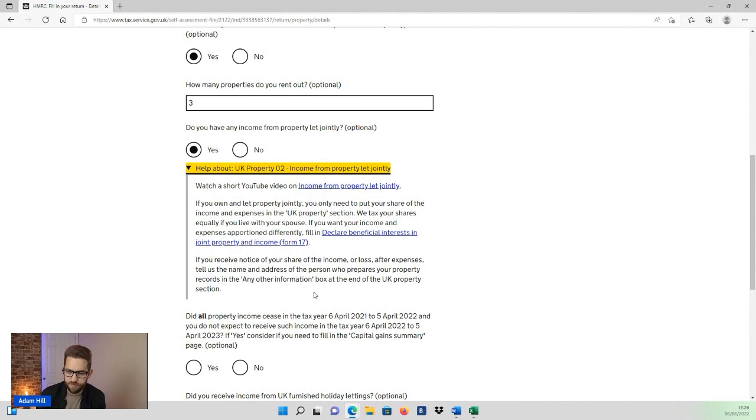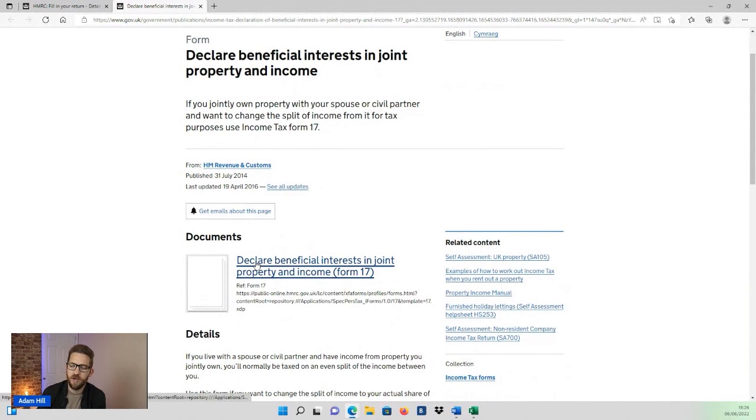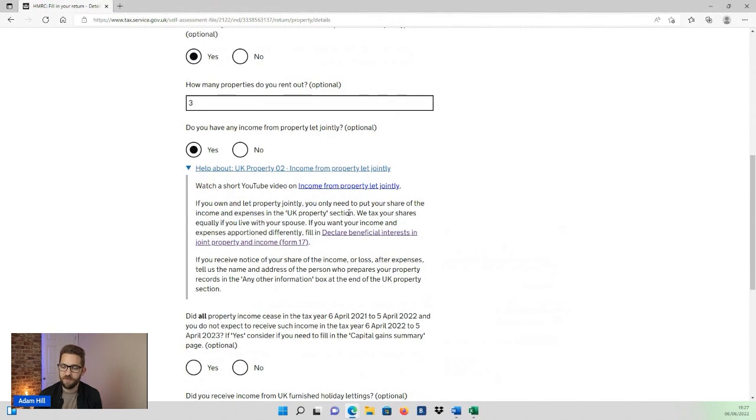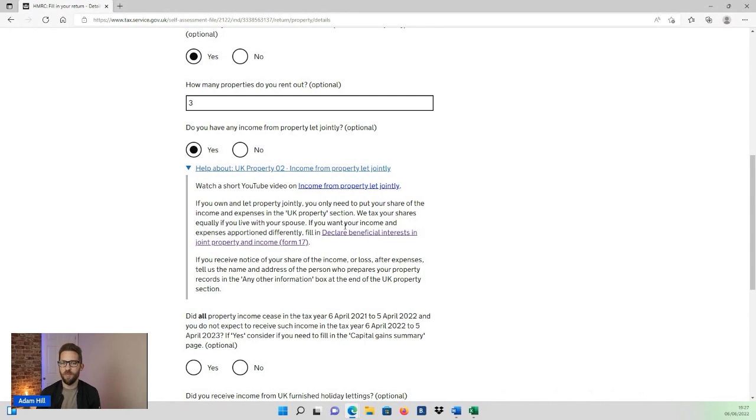There is an option to follow this hyperlink here, and you can find out a bit of information about declaring beneficial interest in joint property income. The short story is, if you do genuinely own a property with a different interest than 50%, maybe you own 10% and your partner owns 90%, or the other way round, then you can actually go and fill out a form and declare that, so that the income and the expenses would be split in line with the actual property ownership.